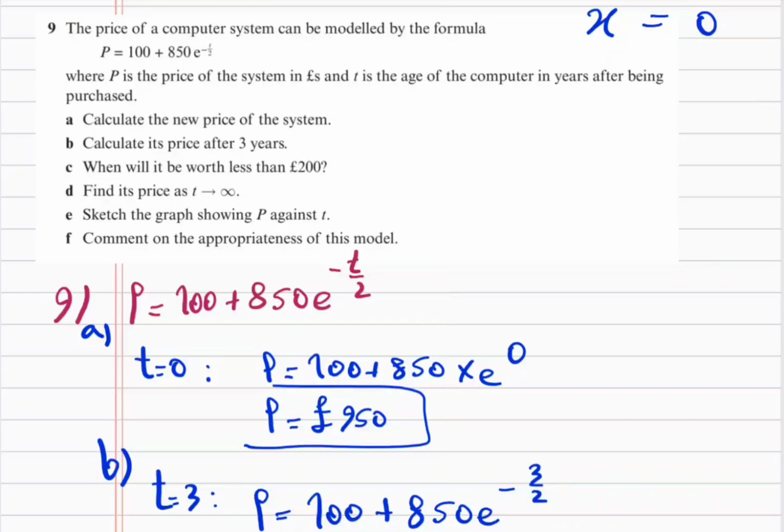Right, so this is an interesting one, which is very common as well in the exam. So we just need to see what's the limiting behavior of this equation. So what happens as t gets very huge? If we increase t to a very large number, then in the exponent, the power will be a very large negative number.